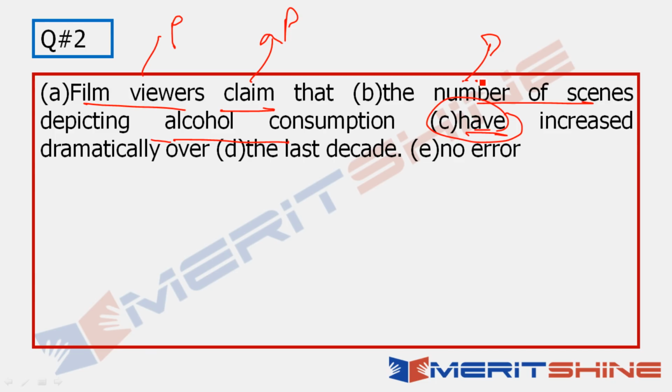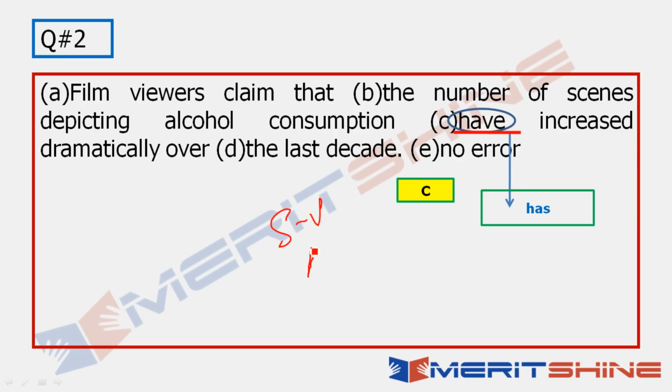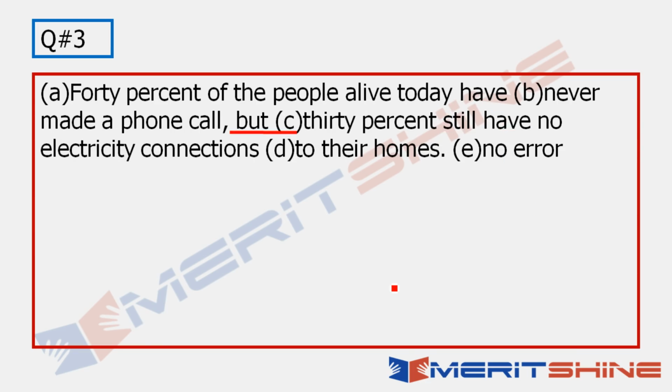The number of is the subject here. So number is singular or plural? Number is singular. So therefore in the place of have, it should be has. So the error was in part C, and the error was of subject verb agreement. In the last one the error was of article. In this one the error was of subject verb agreement. Clear, right? So that was question number 2. Now let's move on to question number 3.